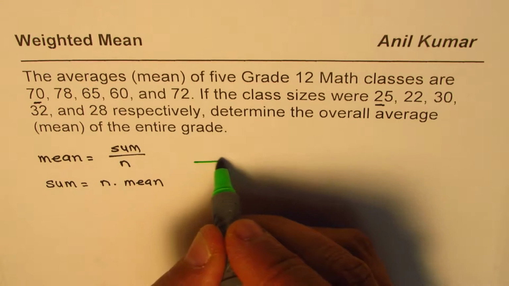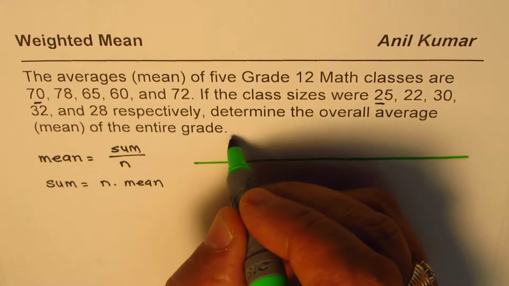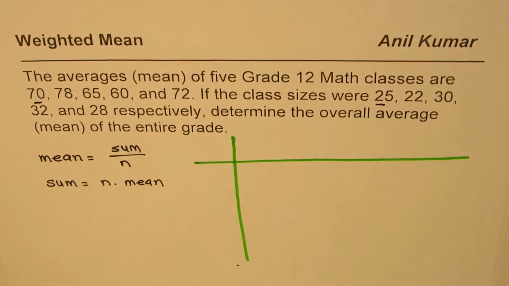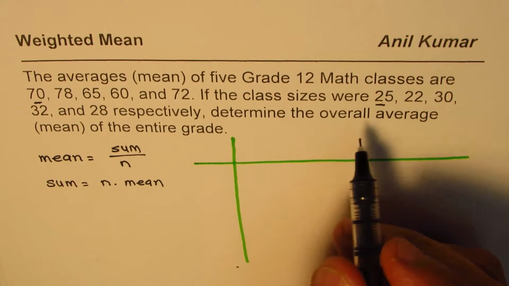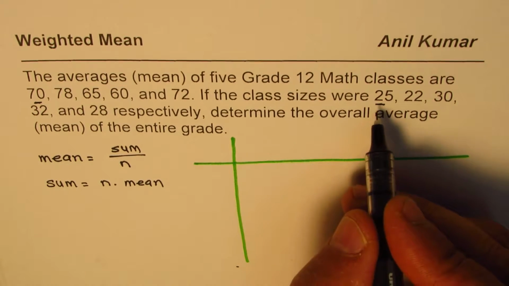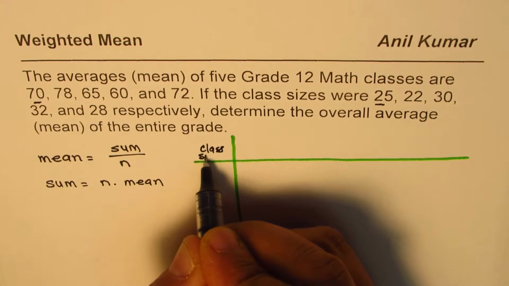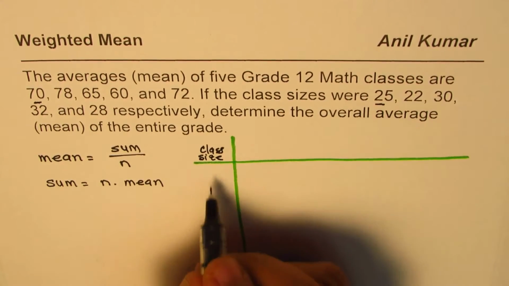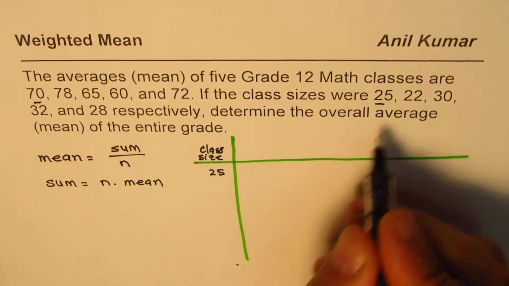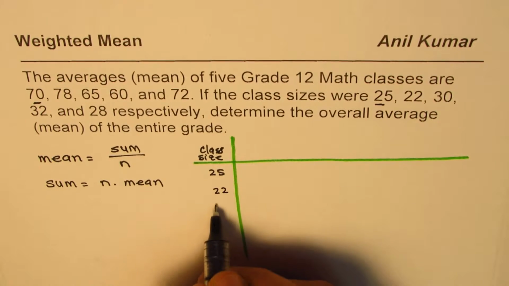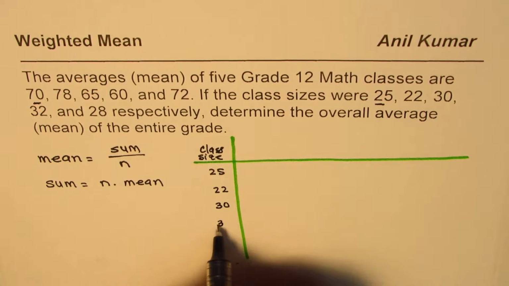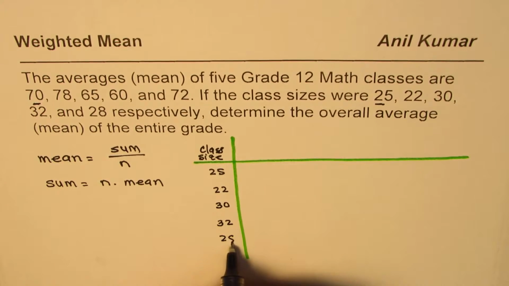So what we will do here is we'll write down what is given to us. So there are different classes. Let us say the class size. Class size is 25, then 22, 30, 32 and 28.